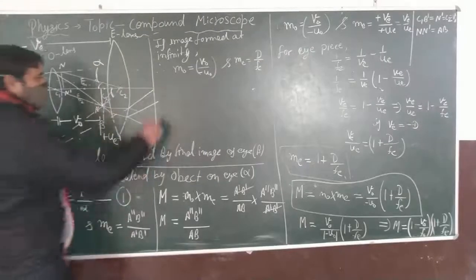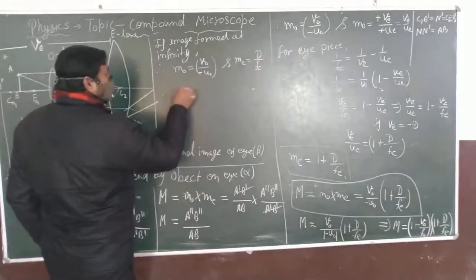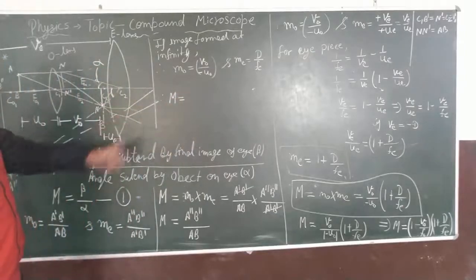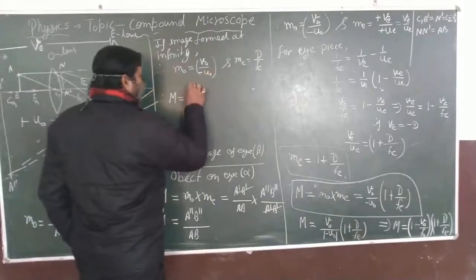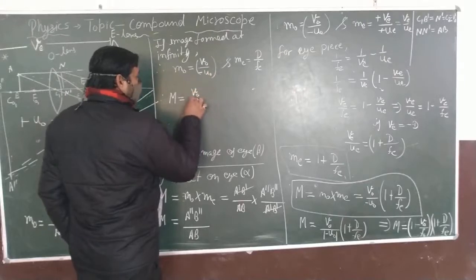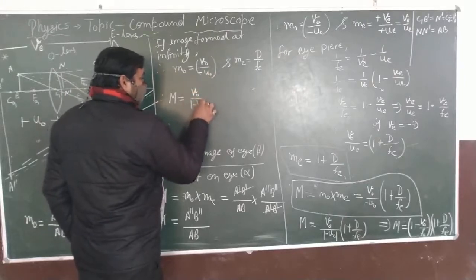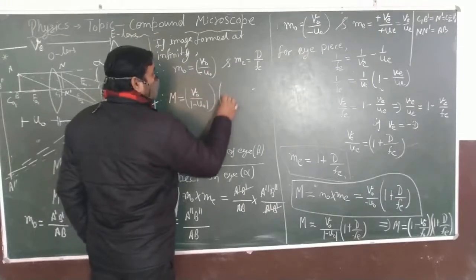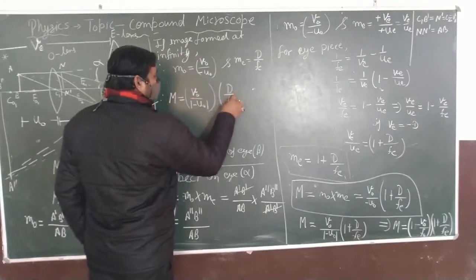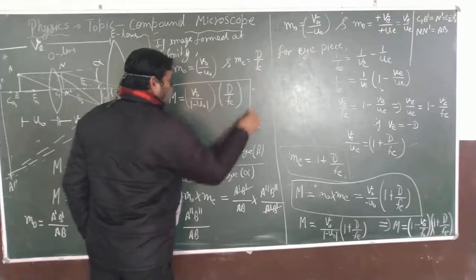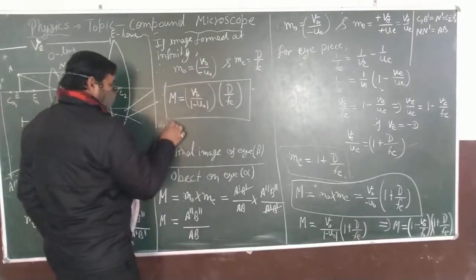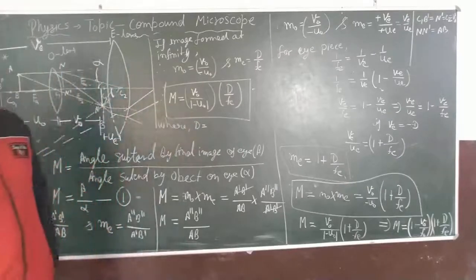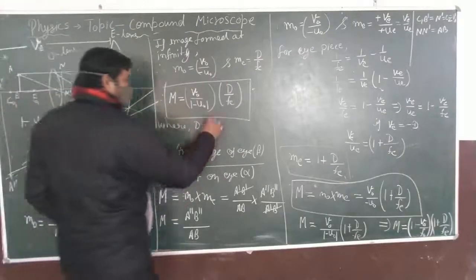Okay, therefore the magnification of the compound microscope when the image is formed at infinity is V naught upon minus U naught and D upon Fe, where D is the least distance of clear vision.